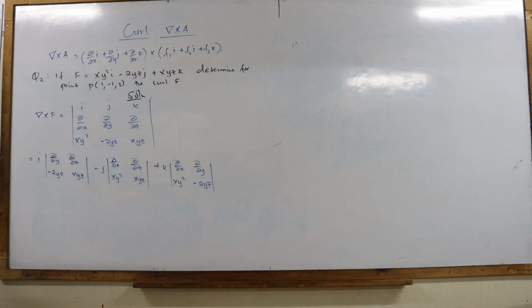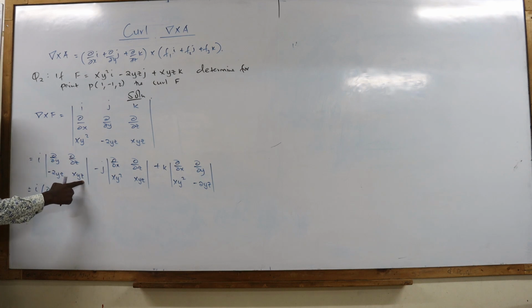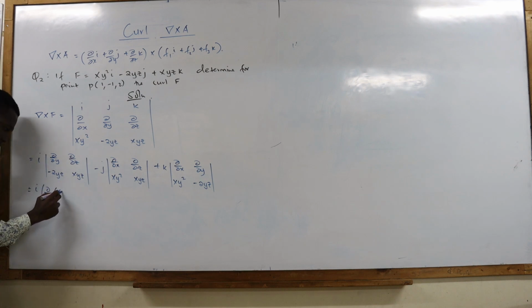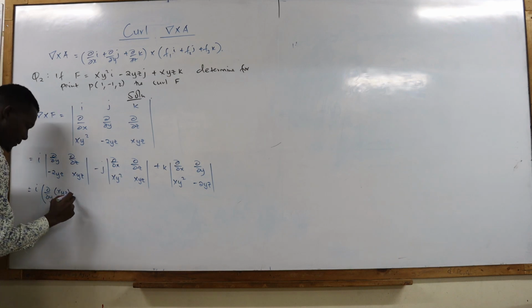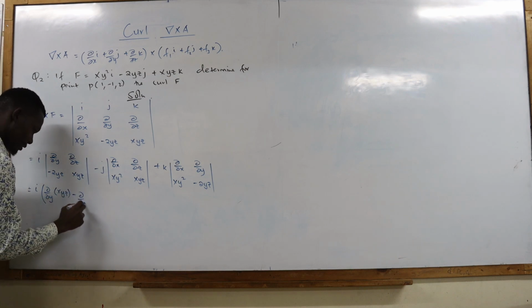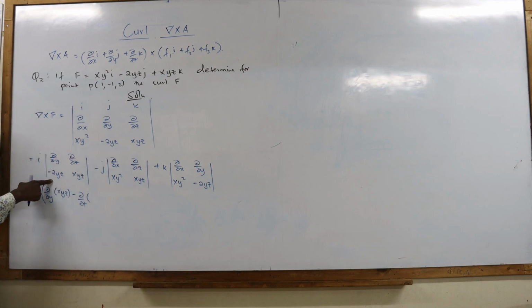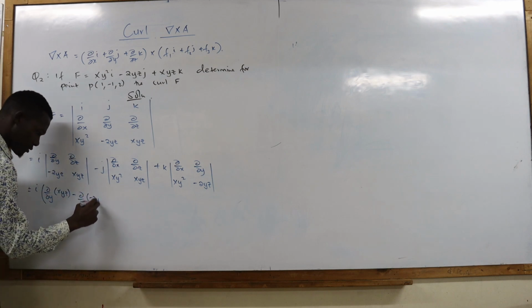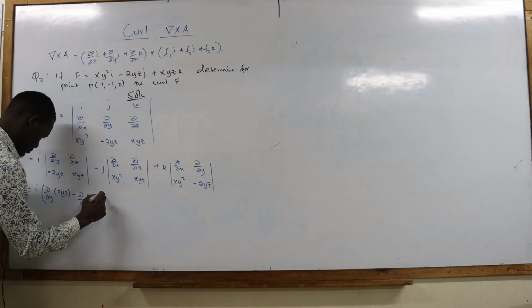Do you see that? Now again it is i, d/dy of which function? Main diagonal, xyz, then minus d/dz of which function? Minor diagonal, so negative 2yz.